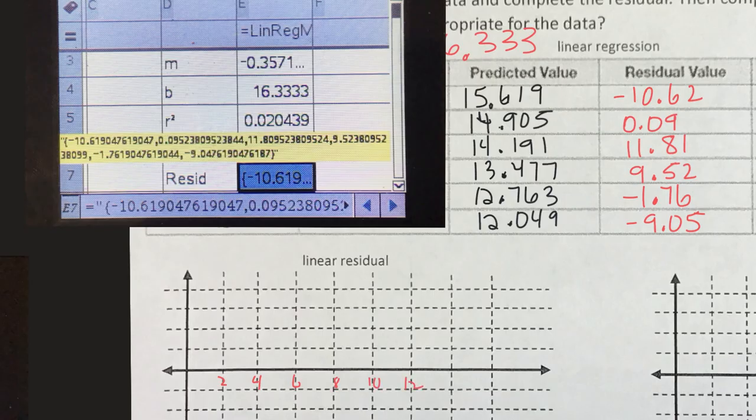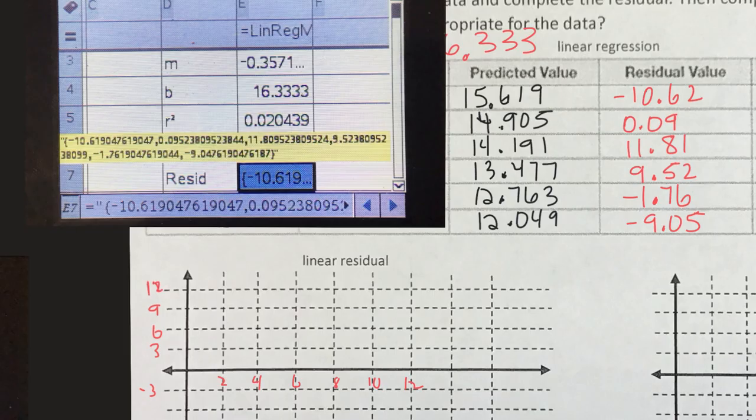And we have to decide, how do we want to partition our Y values? So I have a largest residual of 11, and a smallest one of negative 10. So what if I make each of these lines 3? So 3, 6, 9, 12 in the positive, negative 3, negative 6, negative 9, negative 12 in the negative, right?